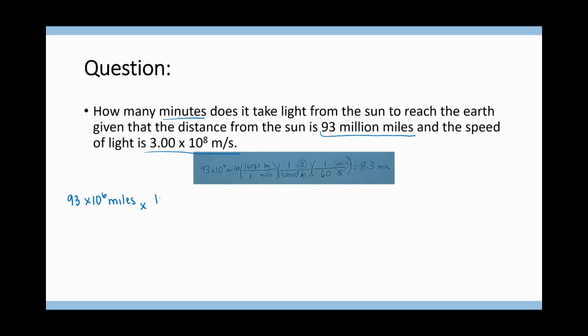to meters, so we have 1,609.3 meters for every 1 mile. So we can cancel out miles. Now we know how far the sun is from the earth in meters.